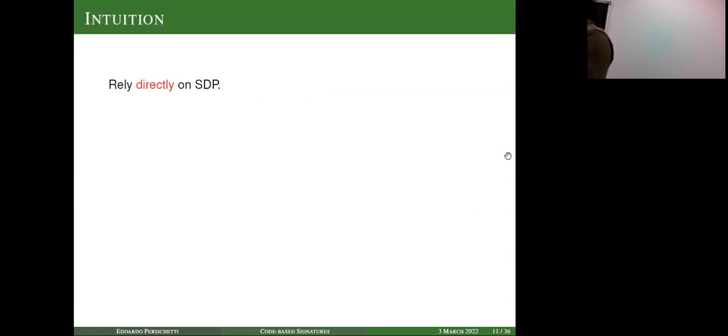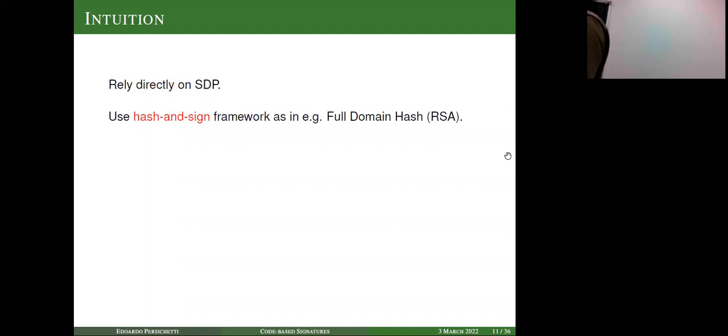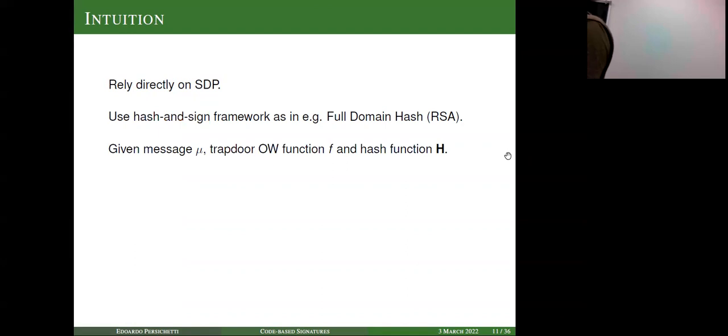In our case, we rely directly on SDP, or GDP equivalently. Let's say we rely on SDP. It's easy to formulate. So RSA is what we call a full domain hash. We'll come back to this name. Why is it full domain? So given a message m, I have my one-way function with the trapdoor and a hash function.